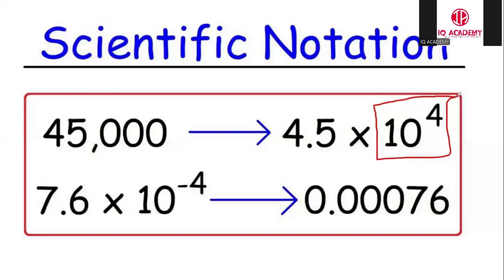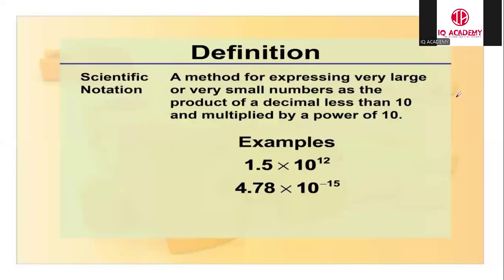By definition, scientific notation is just a method, or a way, of expressing a very large number or a very small number as a product of a decimal that is less than 10 but greater than 1, and then multiplied by a power of 10.